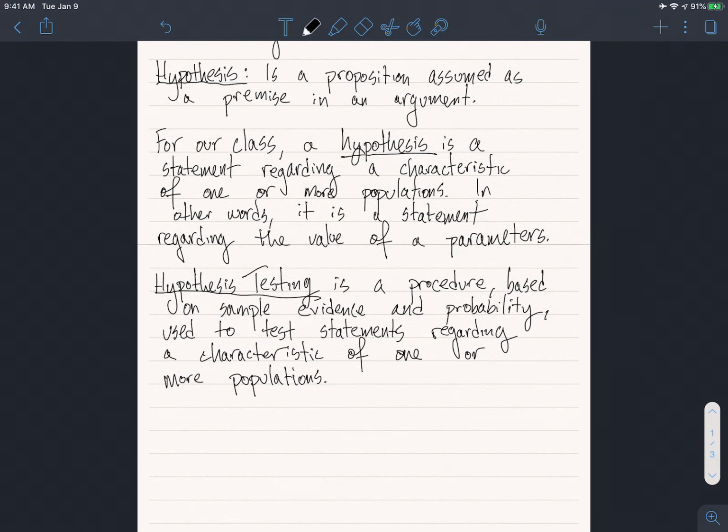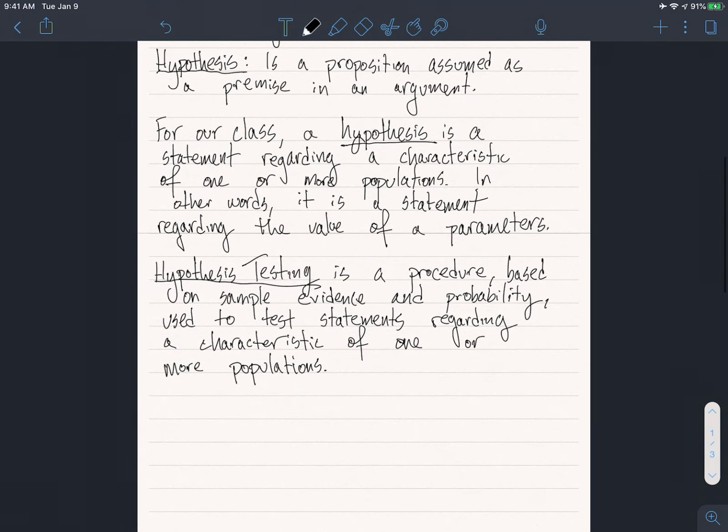Where did that number come from? Where's your evidence? Everyone's been assuming it's true, but let's say that's the hypothesis. Then we can go test that hypothesis through hypothesis testing.